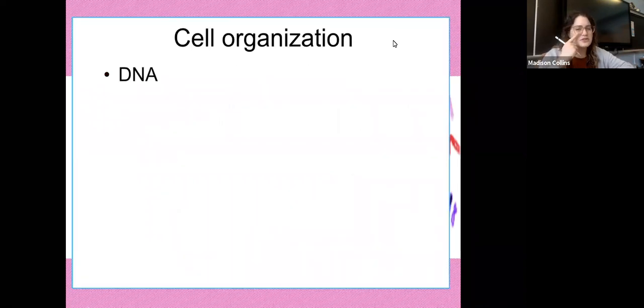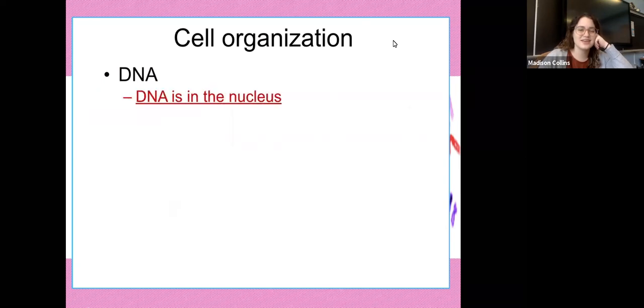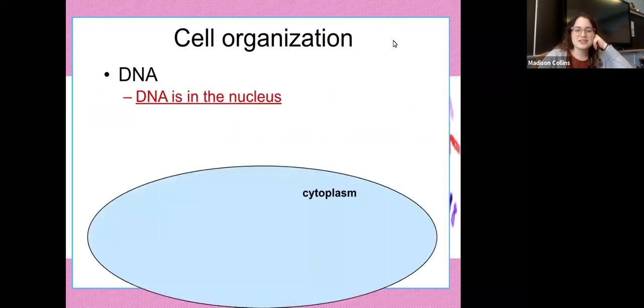Now, let's review cell organization. We know that DNA is housed within one specific organelle inside your cells, and that is the nucleus. Let's review where that is. Here's our cell. Our cytoplasm is this blue section, but then we've got a separate yellow section right here known as the nucleus. The nucleus is actually separated from the rest of the cell.